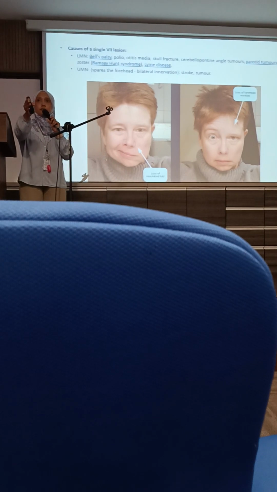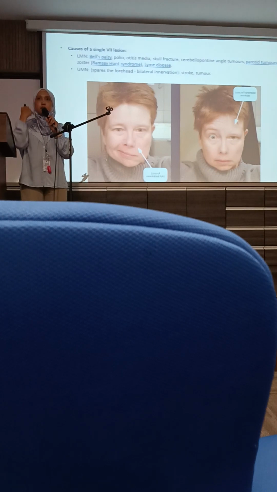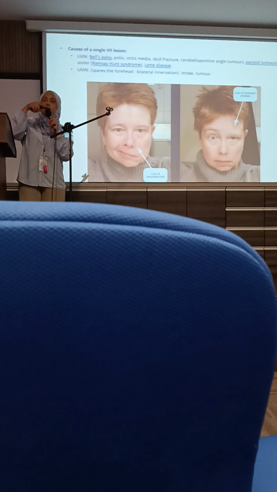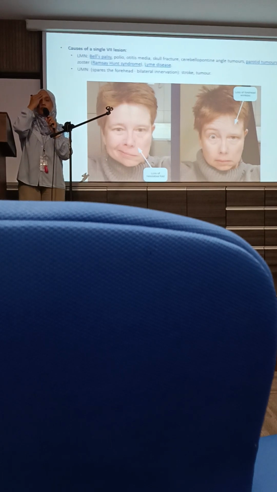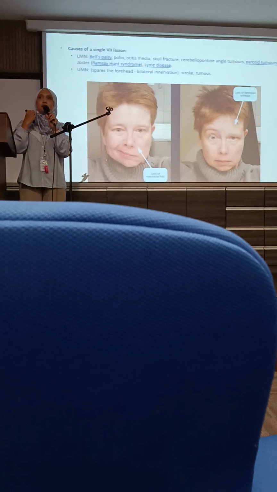Understand? So when we assess the facial nerves for any palsy, look at the patient. If you have asymmetry, for example drooping of the right side of the face, then you suspect there is facial nerve palsy going on.